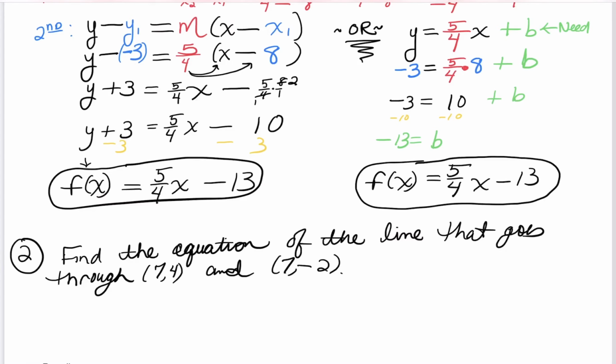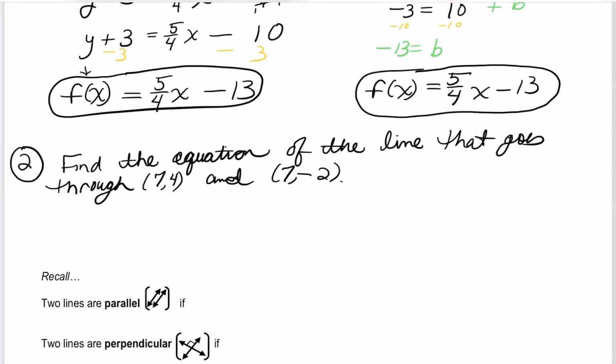All right, so let's think about what we did up above. We always said the first thing we needed was the slope. So that's going to be the first thing that we have to find here, is our slope.